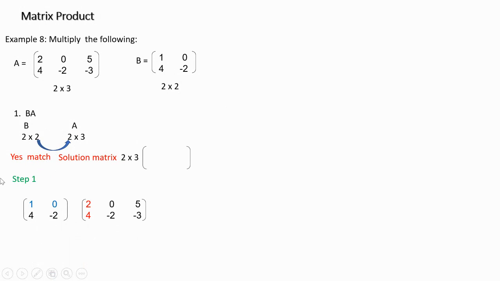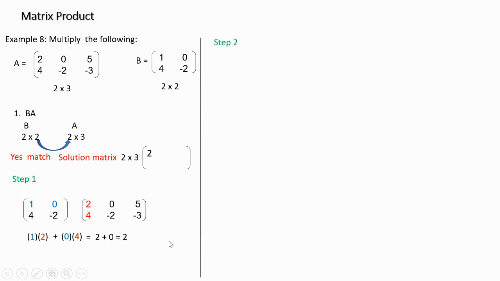After I'm done with step 1, I'm going to multiply the first row of the first matrix, which is B, times the second column and the third column and so forth. So it's going to be 1 times 2 plus 0 times 4. 1 times 2 is 2, 0 times 4 is 0, so 2 plus 0 is 2. So 2 is my first element for the solution matrix.